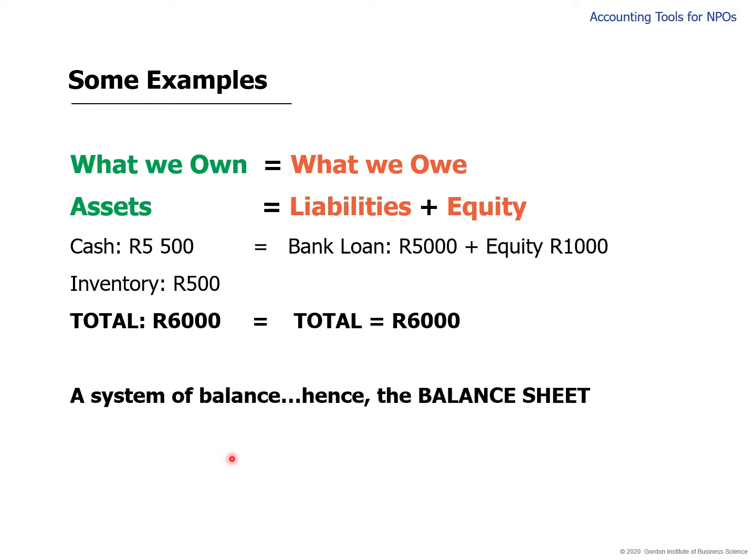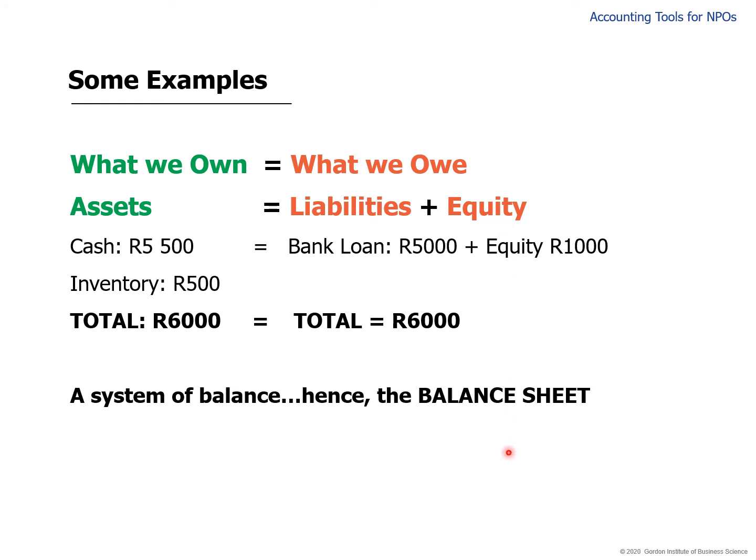This system of balance is what we refer to as the accounting equation. From here, we prepare what we call the balance sheet, which is effectively a statement which shows our financial position: all of our assets, all of our liabilities, and all of the equity within the organization.